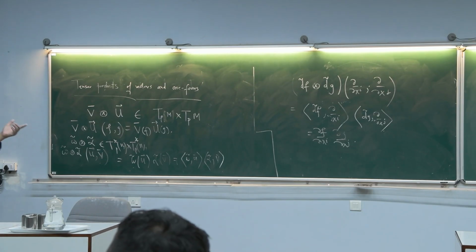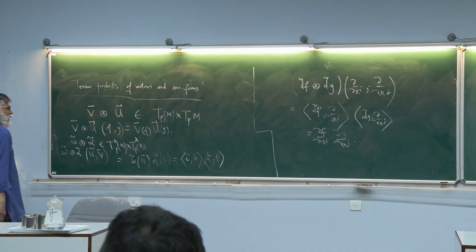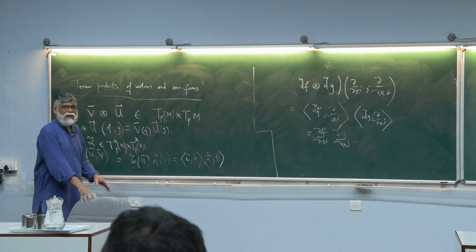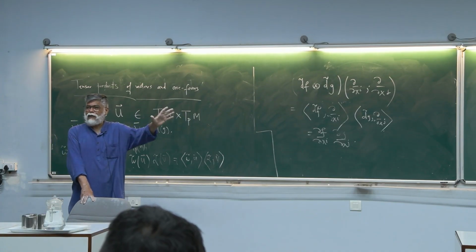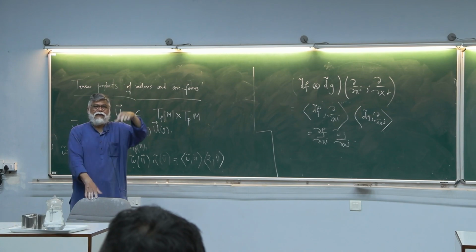So far I talked about tensor product of vectors with vectors, and one form with one form, but you can mix them, use the same definition, and when you suitably contract the components with the basis vectors, you can generate arbitrary tensor fields. So that makes a connection with tensor calculus and differential geometry.